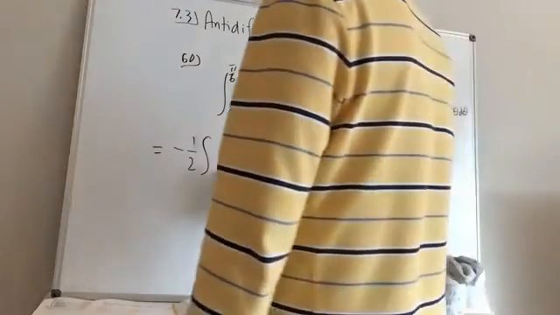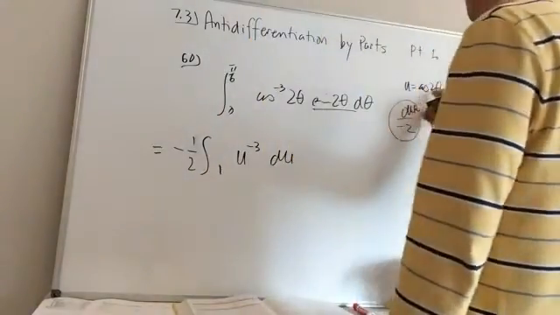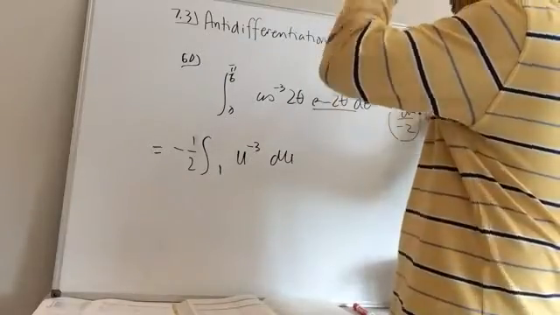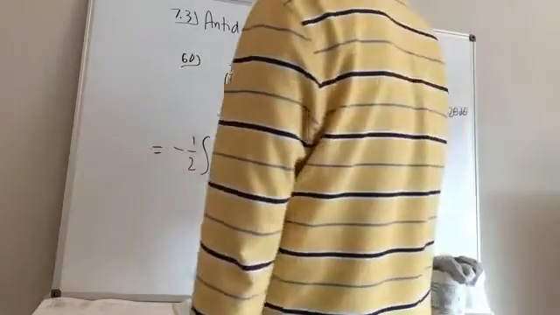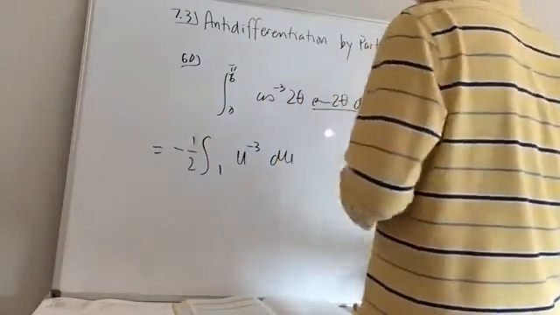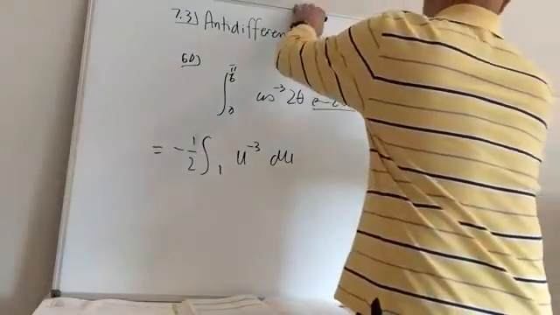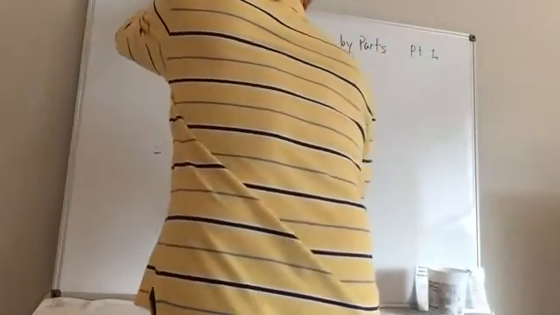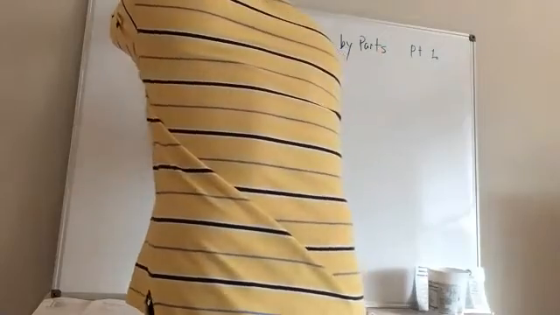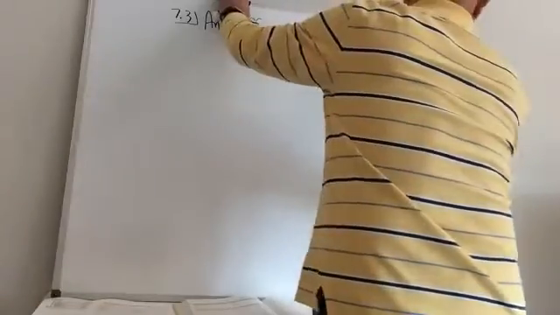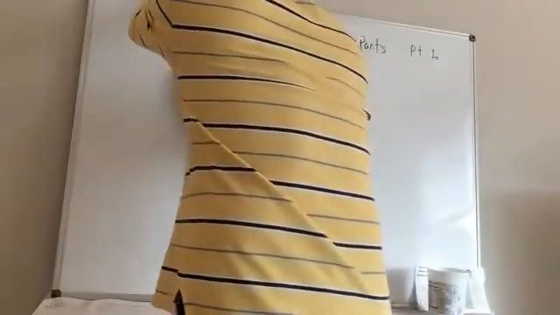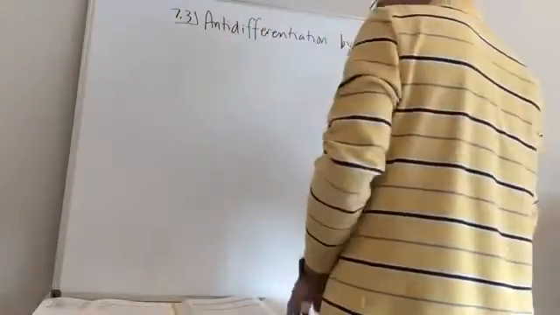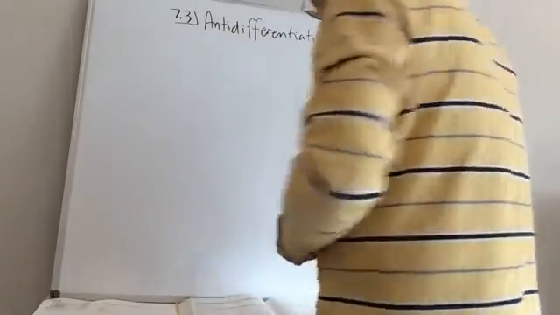Okay, so at 0 you get 1, right? And over here you would put pi over 6 in for theta. Okay. Got it? Yeah. Remember, when you do the definite integral, you always have to change the limits into whatever you did the substitution to. Okay. All right. So that's that. We're good.